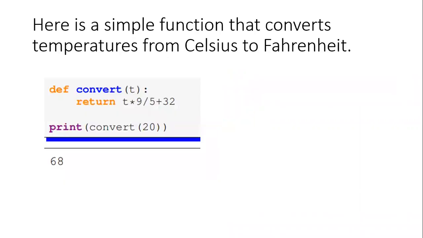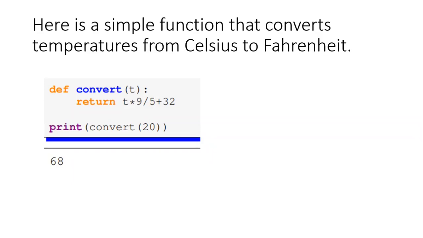Now this is a very simple function. What it does is convert whatever Celsius value is passed into Fahrenheit. When you pass some value as Celsius, it is converted into Fahrenheit.